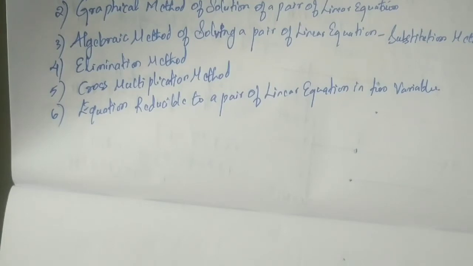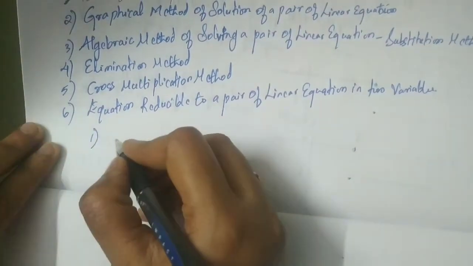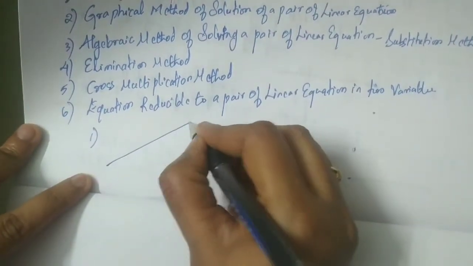The graphical representations are, one will be of the form a straight line intersecting, the other one will be two lines parallel to each other, and third one they will coincide.